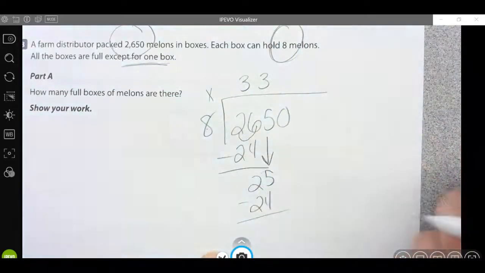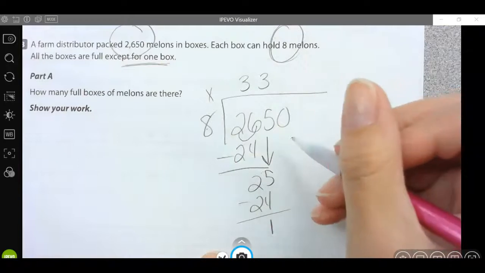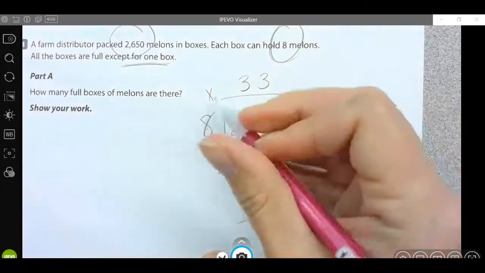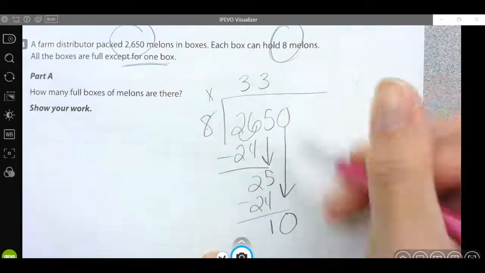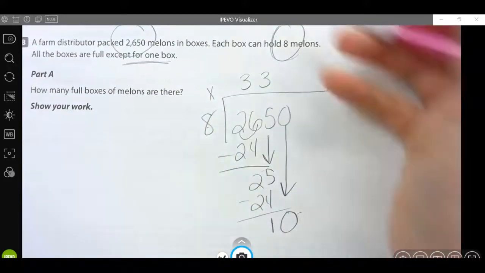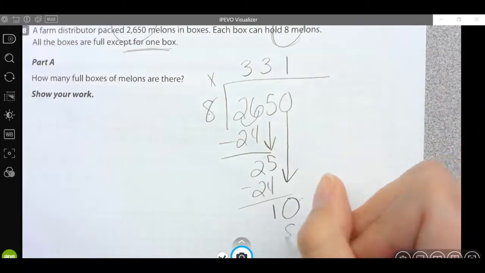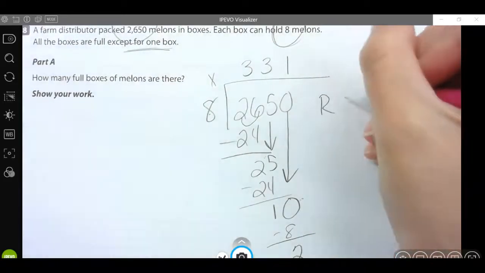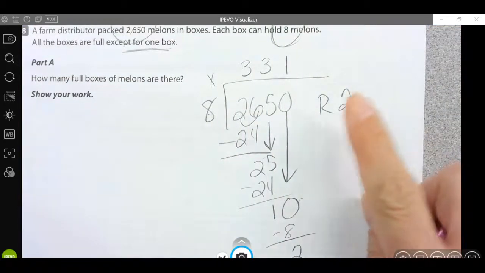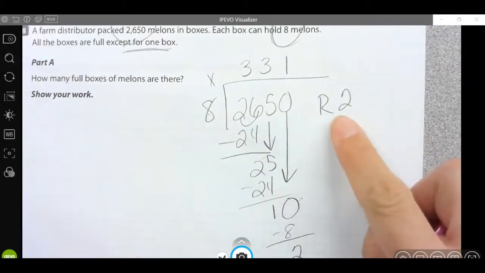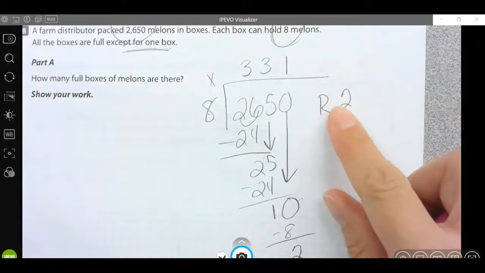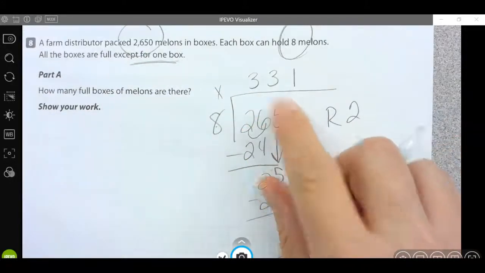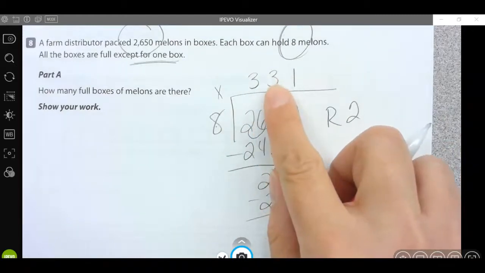How much do I have left over? 1. Good. Now what? Bring down 0. 8 times what number gets me closest to 10? 1. 1 times 8 is 8. So we have 2 as our remainder. Right? Is that what you guys got? Yes. Good. Okay. So if we have this many melons, how many boxes are going to be full?